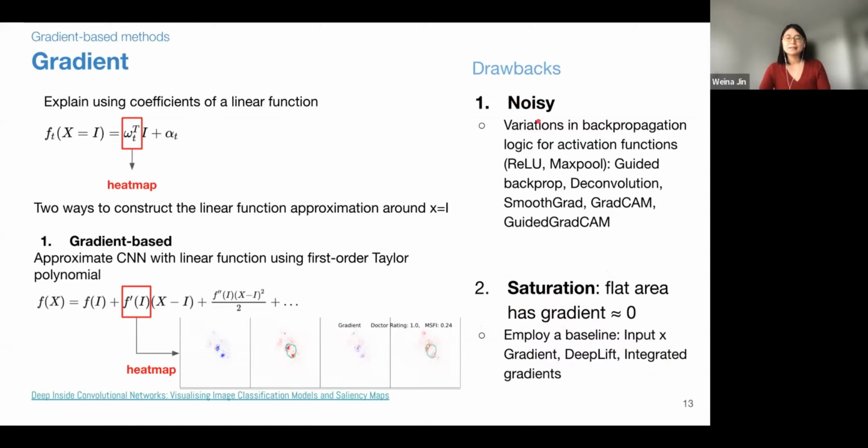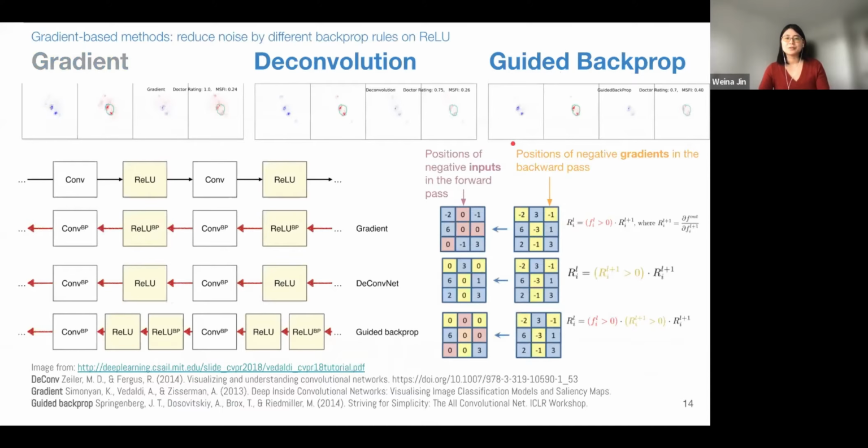So let's look at how different methods try to overcome the noisy problem of the gradient. One straightforward idea to reduce the noise signal in the gradient is to modify the backpropagation calculation. Recall that in the vanilla backpropagation, we set the negative input as zero.